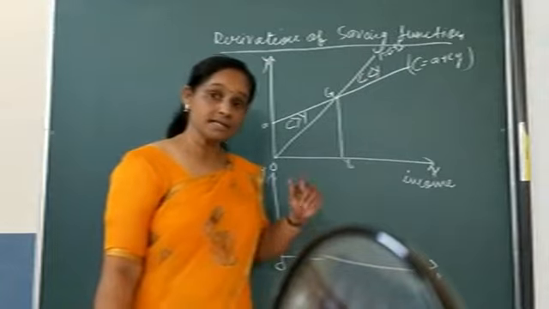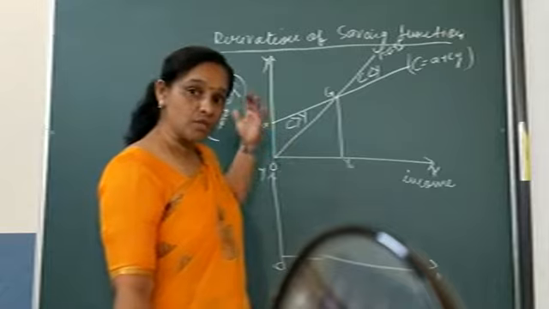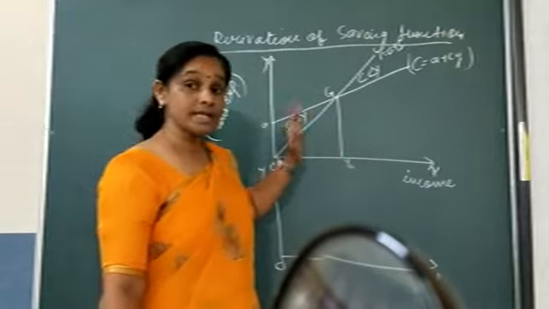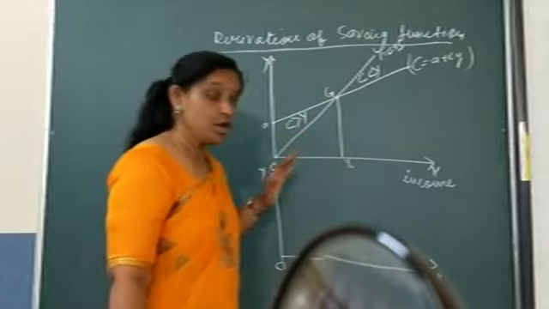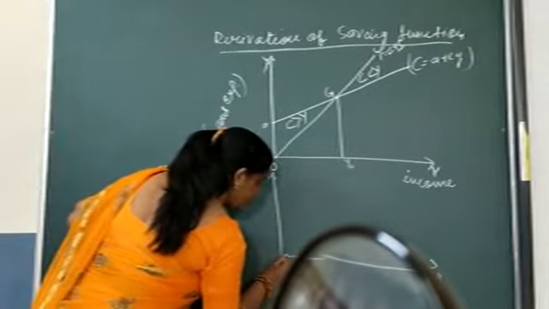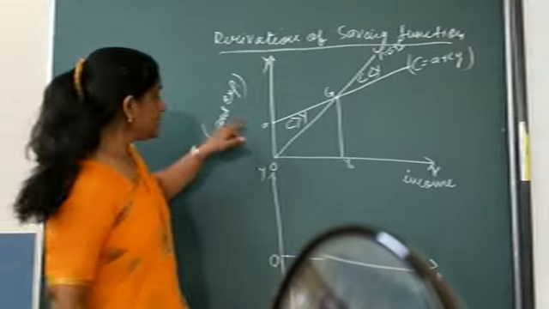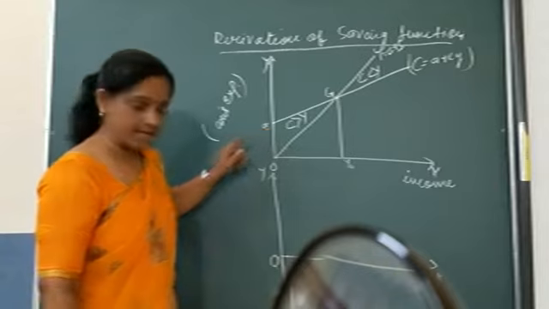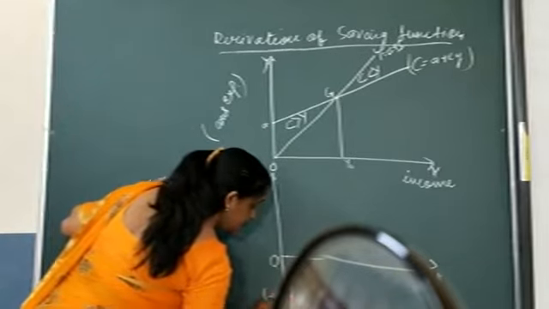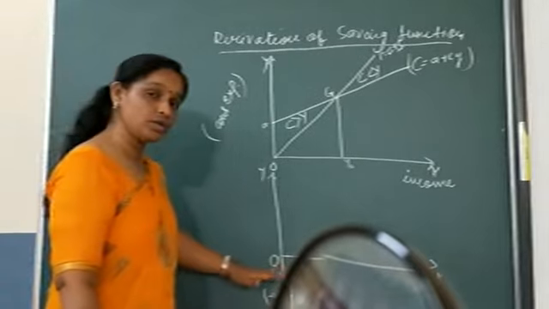Okay, and yesterday I told you before G your consumption is higher than income. Alright, so till your consumption is higher than income, your saving will be below the x-axis. Means at this intercept A, here will also be the minus A. Okay, and saving will also start from the intercept but below the x-axis.